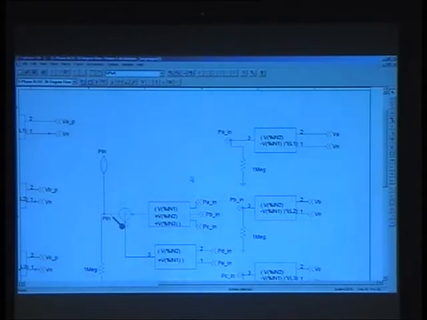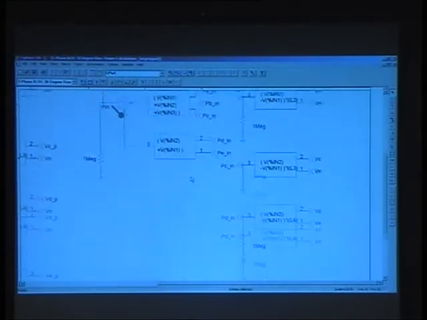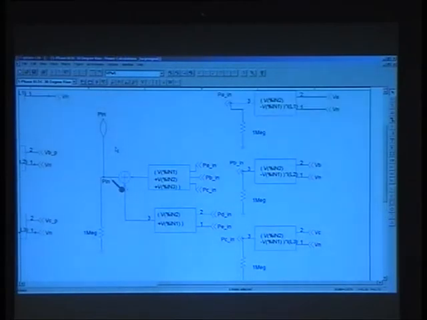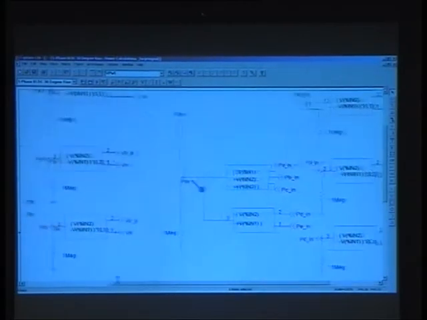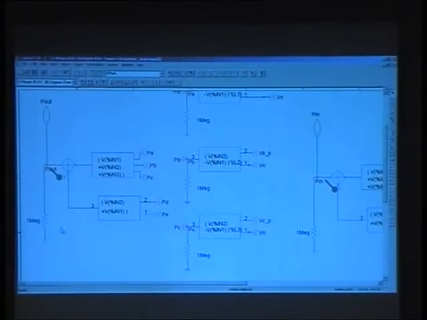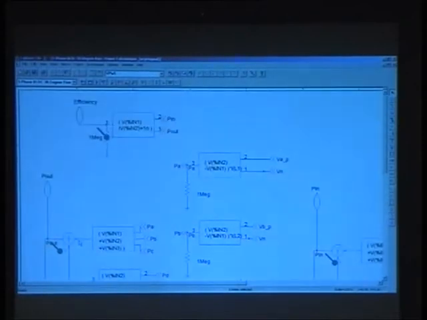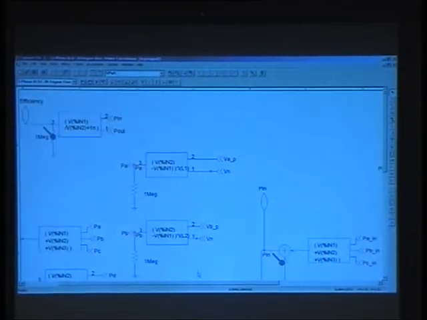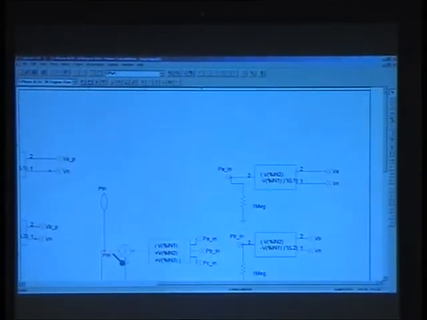So I calculate PA in, PB in, PC in, and so on. Total power is here. What do we do with the total power? With the total power, P in, and they also P out. Actually, this is the back EMF. That's from the back EMF. This is the total power into the motor, P in.